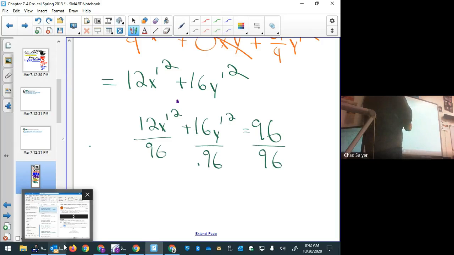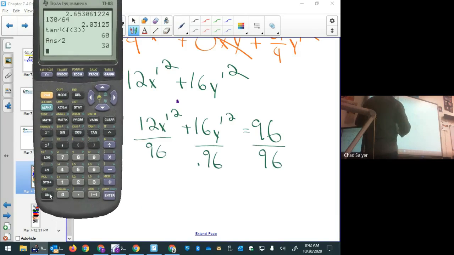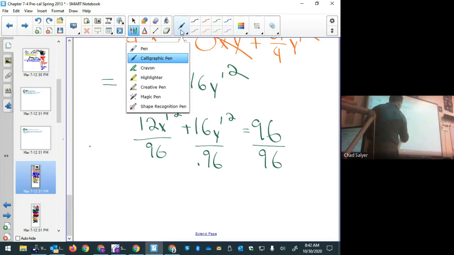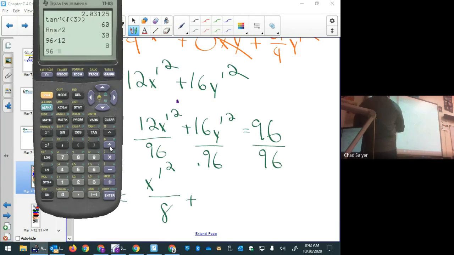On this very last step, I'll just use a calculator to make our life easier. 96 divided by 12 is 8. So that is x prime squared over 8 plus, 96 divided by 16 is 6.